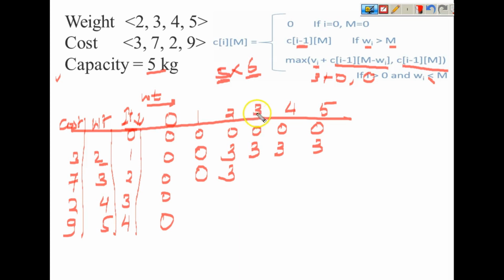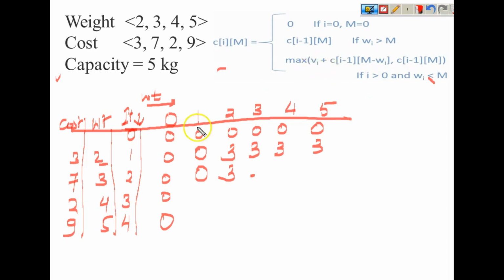Now when the knapsack capacity is 3 and the item weight is 3, you need to find out what to write here. So let me just clean this. Now we are at this cell and we need to find out what to write. 3 is the capacity of the knapsack, the item weight is 3, and we are in the case where weight is less than or equal to m and we also have the item, so we have to check this.